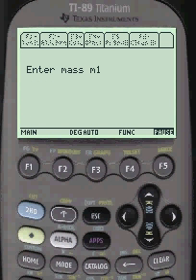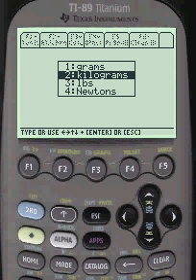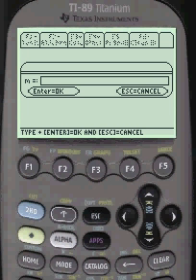We're going to enter the first mass. You have to press alpha before you enter anything in these lines here. The first mass is alpha 1.95 kilograms. If they gave you grams or something, I would convert it for you and show you how to do that.